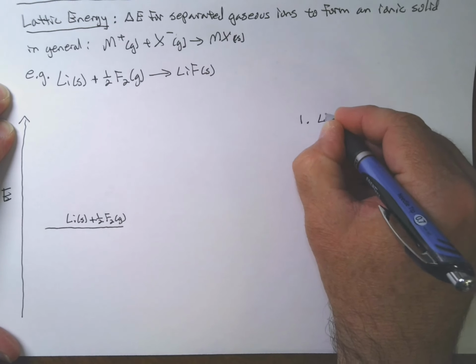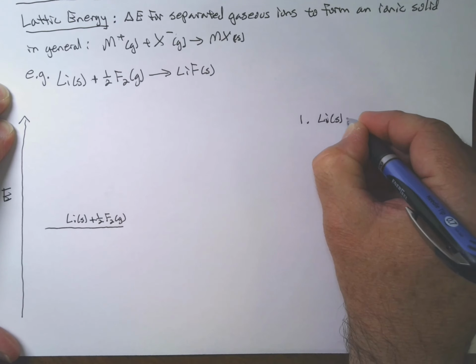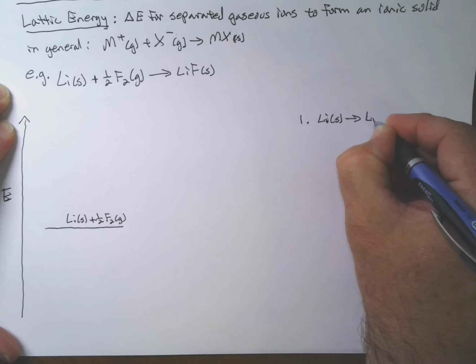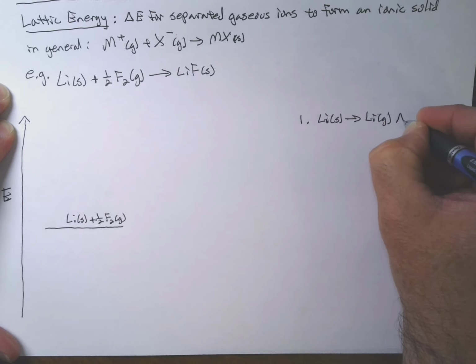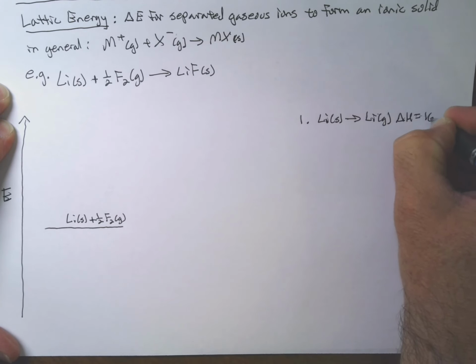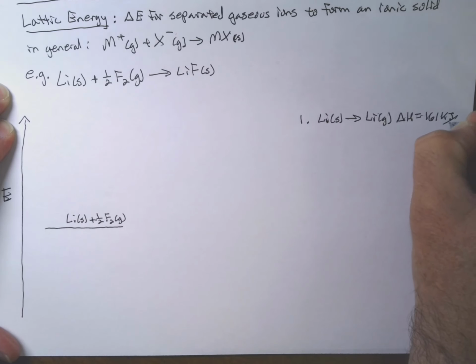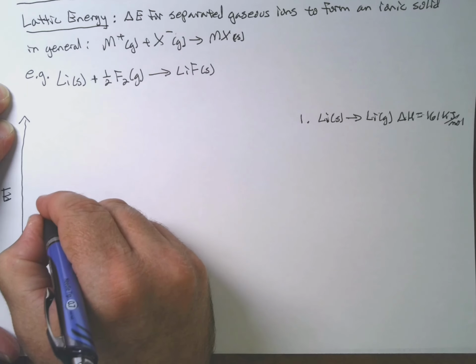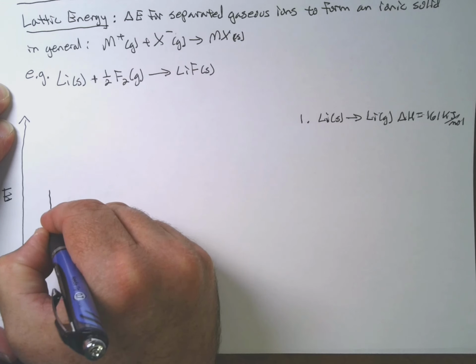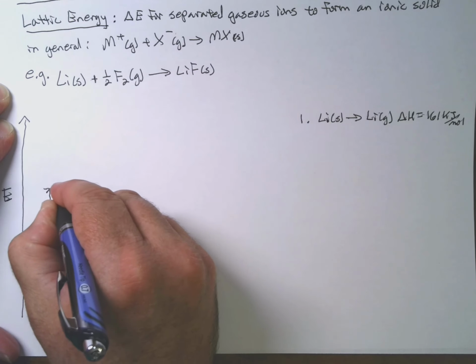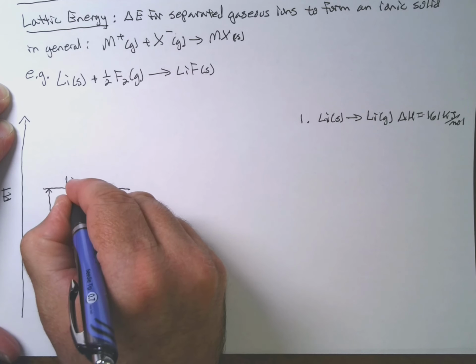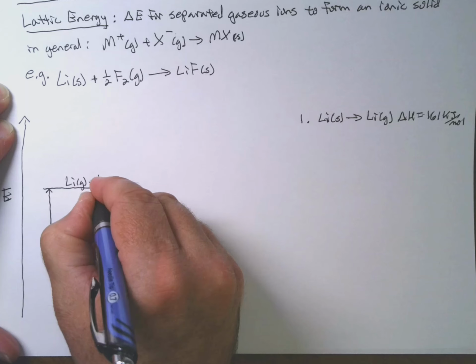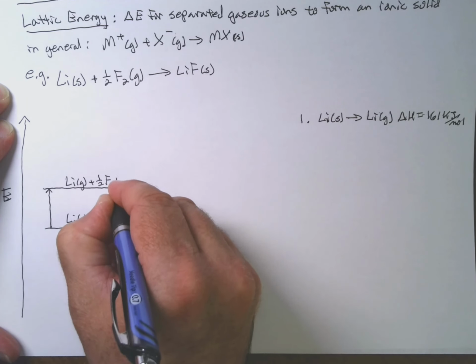So first we'll have Li solid going to Li gas, lithium gas. And that has a delta H of 161 kilojoules per mole. So let's draw in 161 here. That's about 161. That brings us up to here. And so now I've got Li gas plus 1/2 F2 gas.